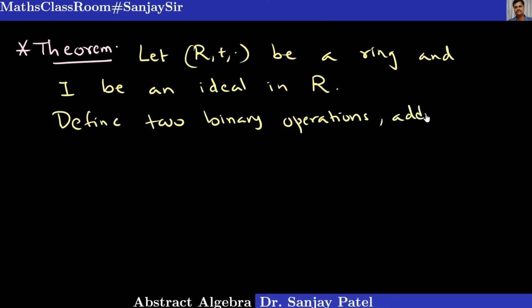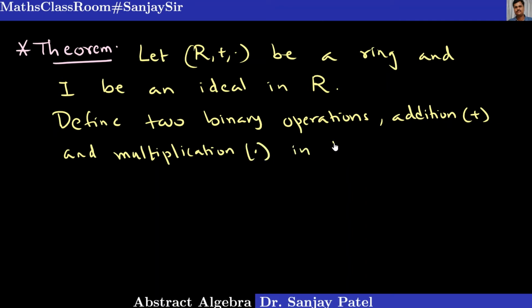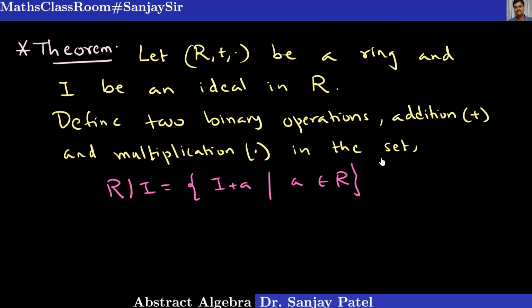Addition, which is denoted by the symbol plus, and multiplication, denoted by dot, in the set R mod I, which is given by the set of all cosets I plus A, where A belongs to R. Okay, we define two binary operations in this set as follows.